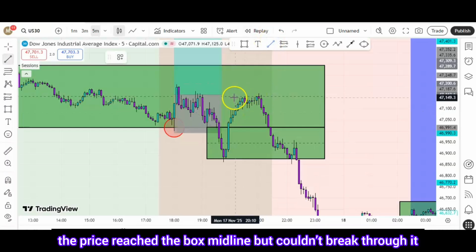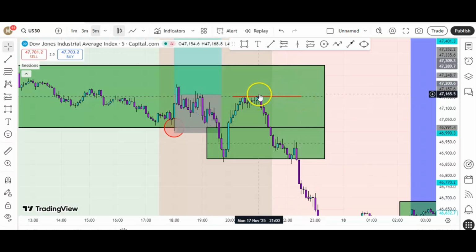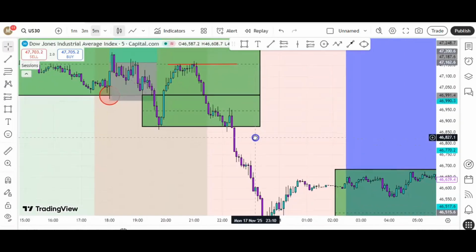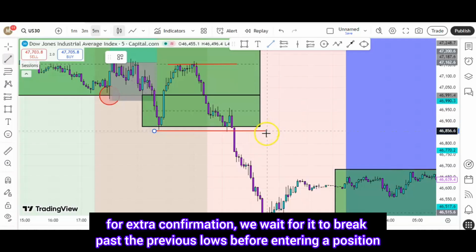The price reached the box midline but couldn't break out of it. For extra confirmation, we wait for it to break past the previous lows before entering a position.